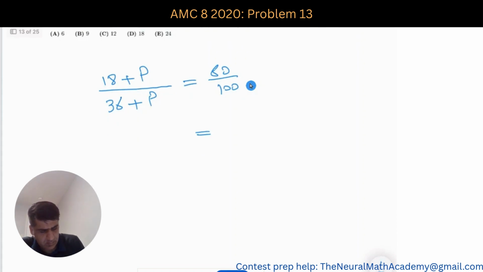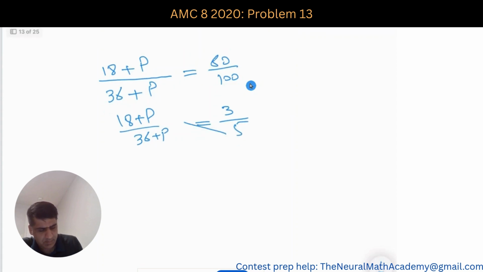So then if we simplify, we can write it like 3 over 5. And now we can simply cross multiply and solve it.